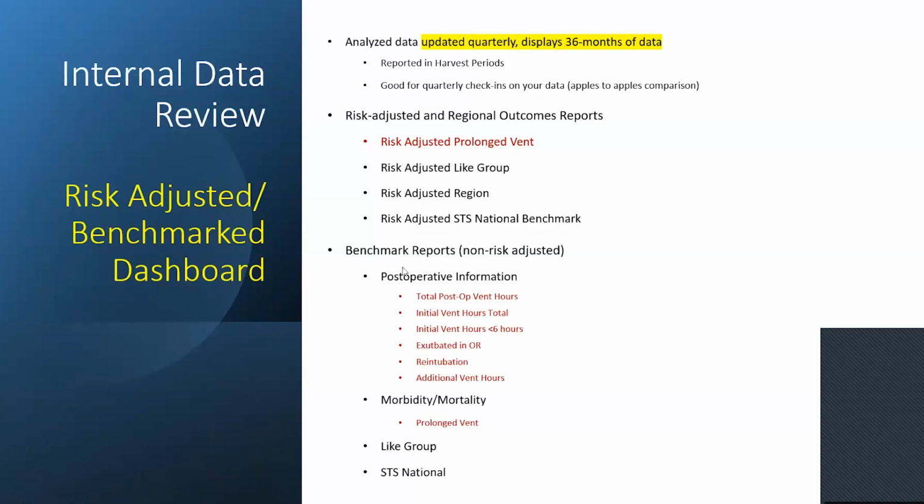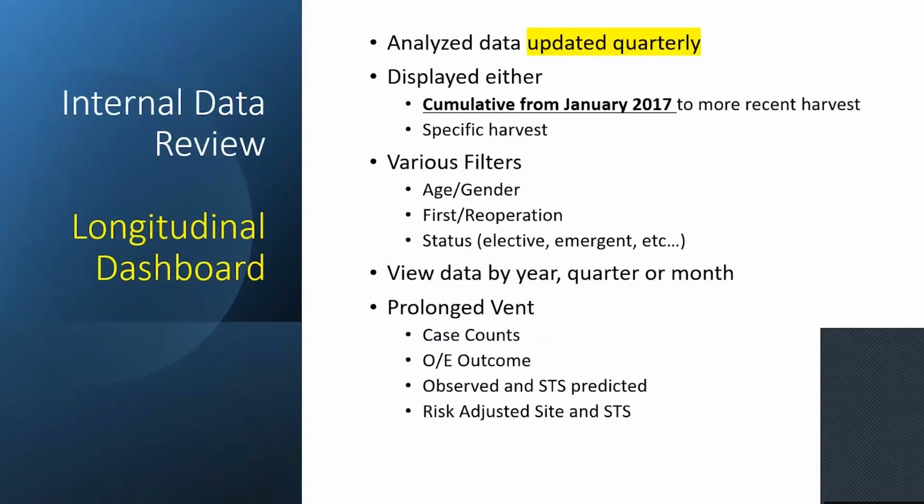But the benchmark report is going to be the one used mostly here to show true data with risk adjustment, which paints a much more accurate picture than the participant dashboard, because you don't have the risk adjustment applied there. I'm going to use the longitudinal dashboard, and I'll show you that right now.